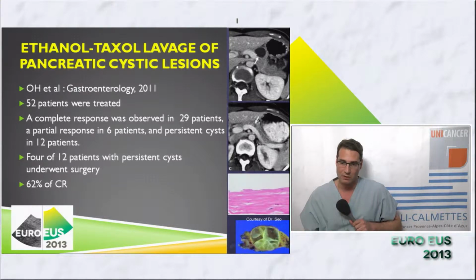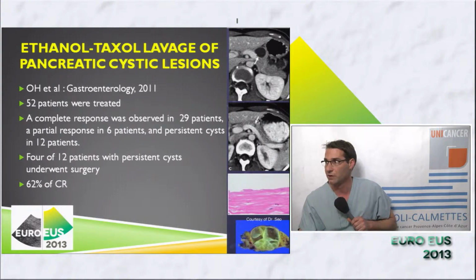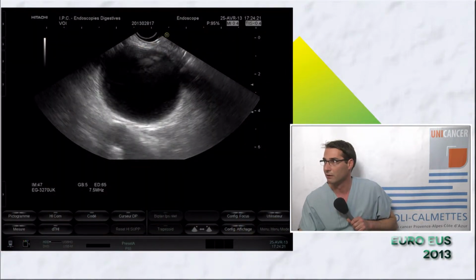In the publication in Gastroenterology by Oh et al., 52 patients were treated, and there was a response in 62% of the patients, with an antiresponse in 29 patients. Let's move to the endoscopy room to find Marc Giovannini and Pierre Desprez.